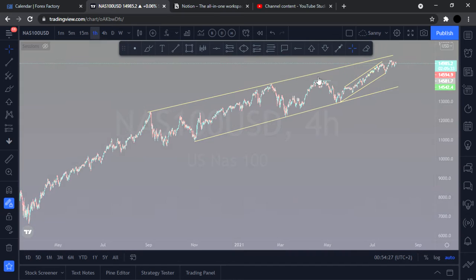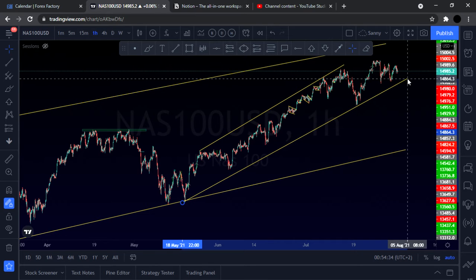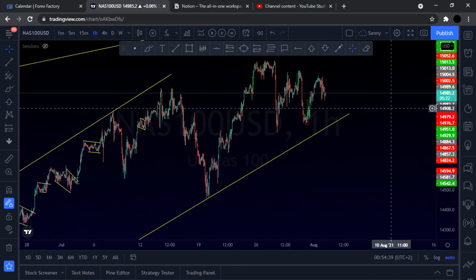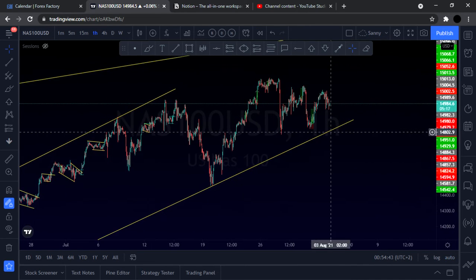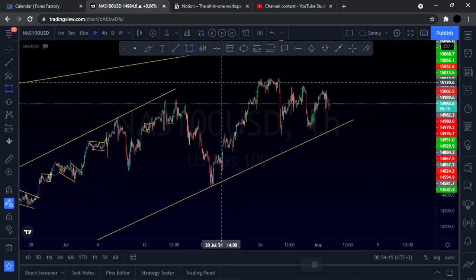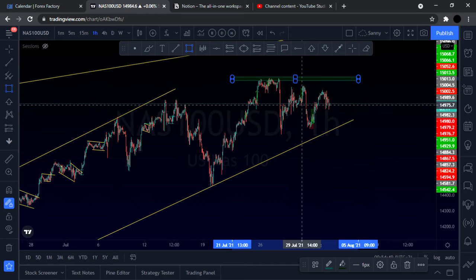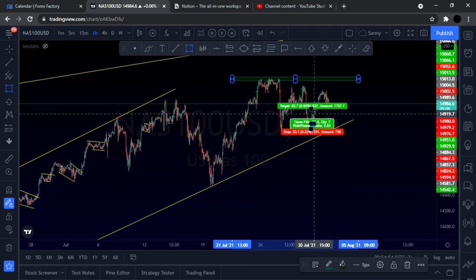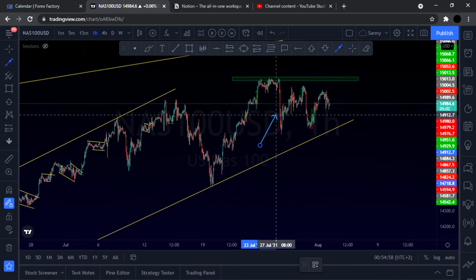But for this week, I'm looking at price. Let me just extend this. For this week, you can see that price is really rejecting these areas here. We are rejecting this area here. We rejected a couple of times. We didn't quite get there yet. Again, rejected this area and started to push to the downside very impulsively.